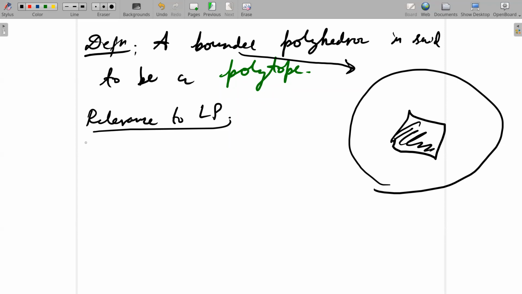Okay, so a quick comment about relevance to LP. I said it verbally, but let me just write it down. The decision space of a linear program is a polyhedron.